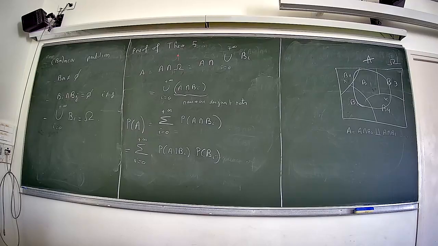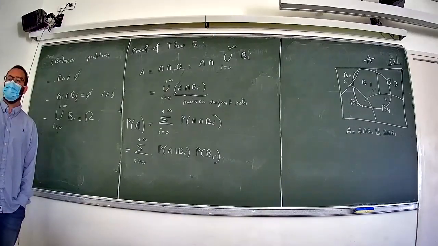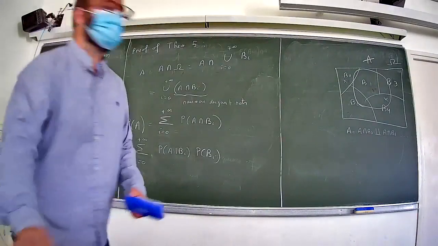So are you okay with my reasoning? In fact, it's not that long, no? I just use here the definition of P, that is a probability, so I can use the sigma additivity: the probability of the union is the sum of the probabilities. Why do I have the right to do this? Because I have here a sequence of pairwise disjoint sets. Questions? If not, let me give you an example of this.